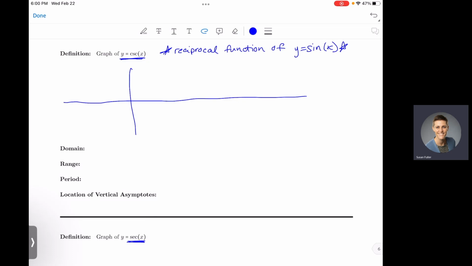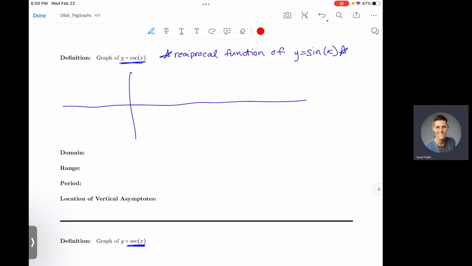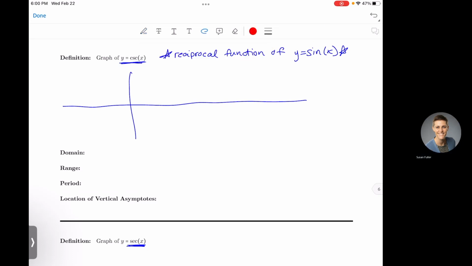I'm going to use the basic form of our sine graph to help us. So I'm going to fill in a sine graph here real quick, and then eventually I'm going to erase it, but it's going to help us with the cosecant. So get my landmarks here.